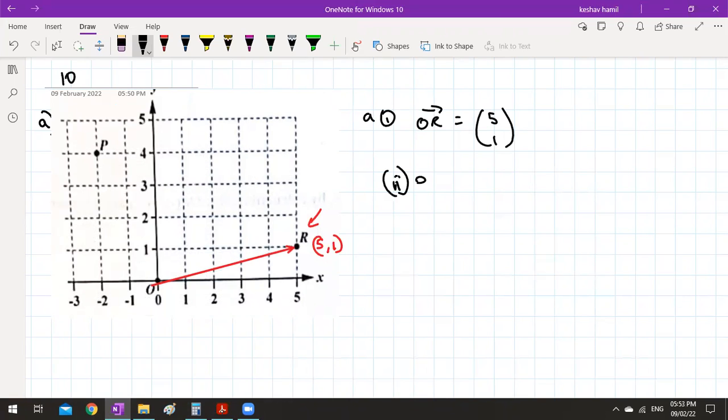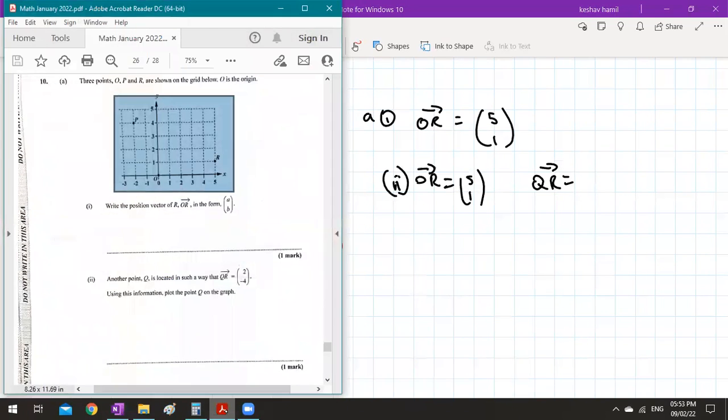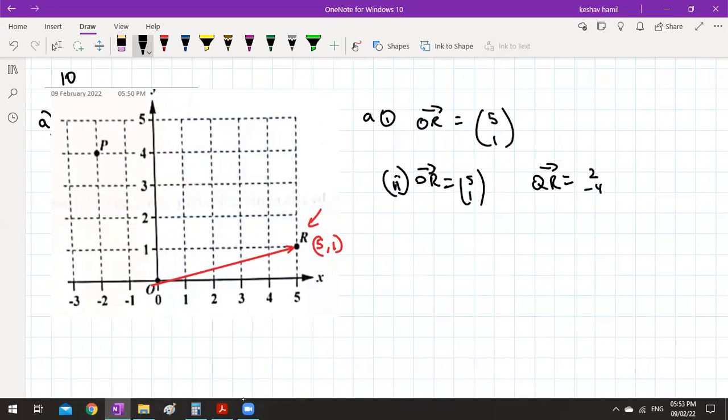We know that OR is 5, 1. We know that QR is, let's make sure it's correct, 2 and negative 4.